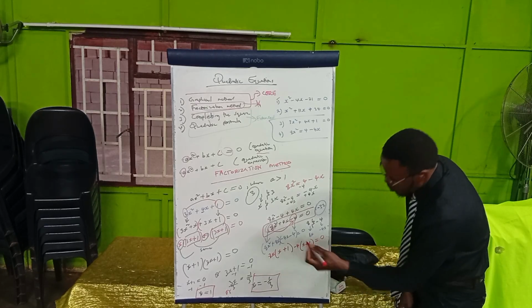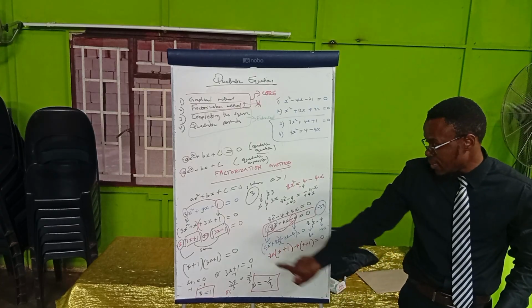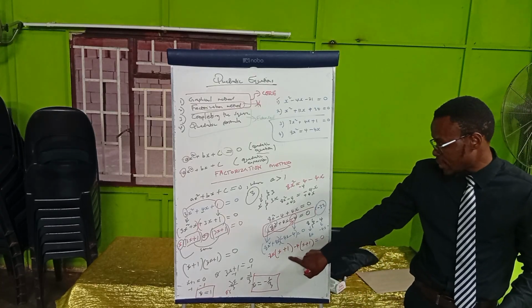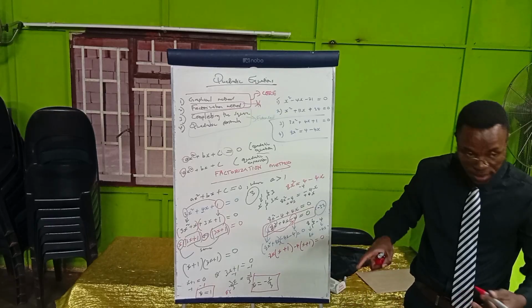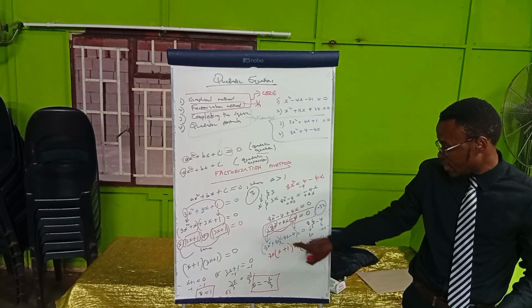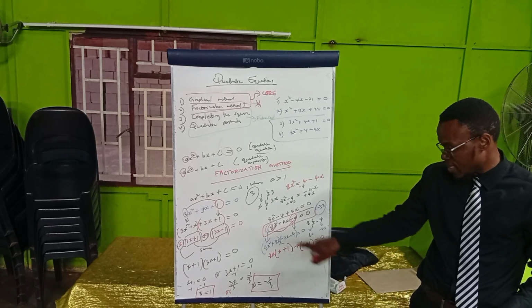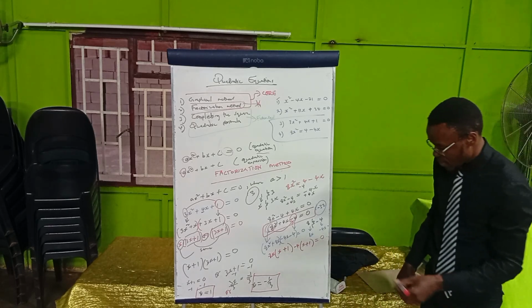Then it's important that you always check. So notice 8x times x is 8x squared. 8x times 1 is 8x, so that's correct. Negative 4 times x is negative 4x, and negative 4 times positive 1 is negative 4. So that one is also correct.